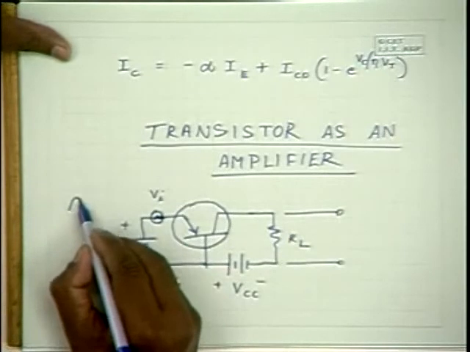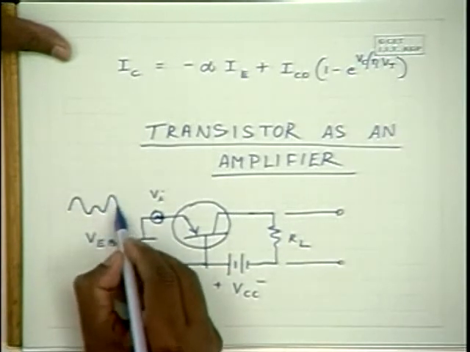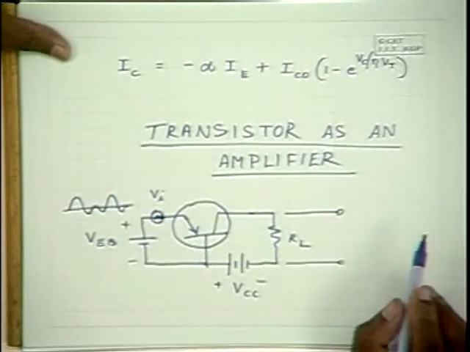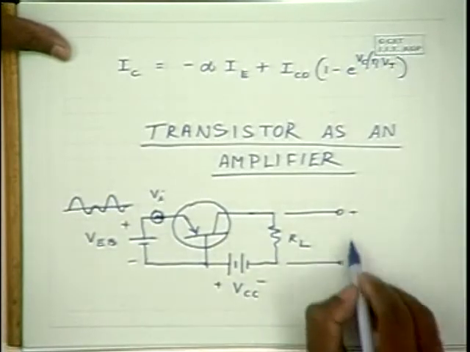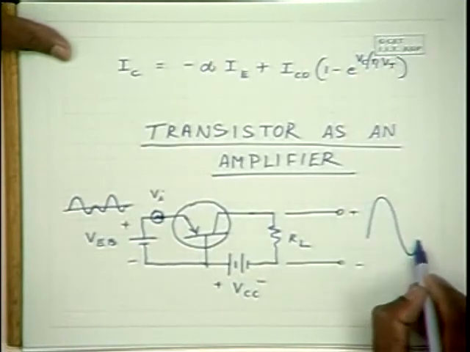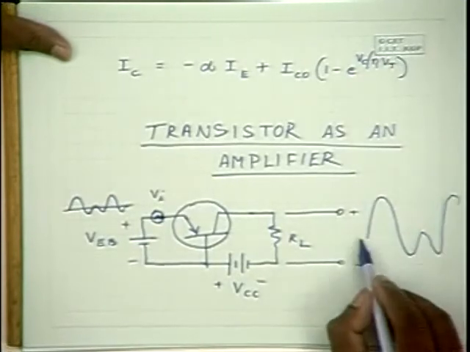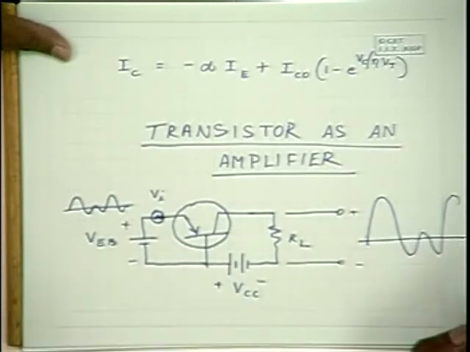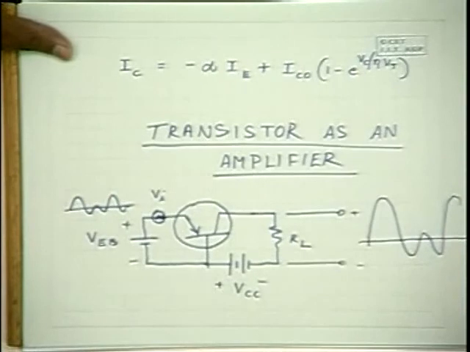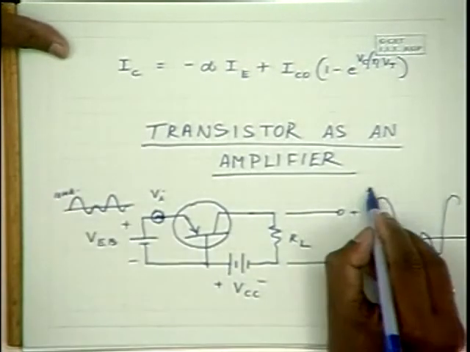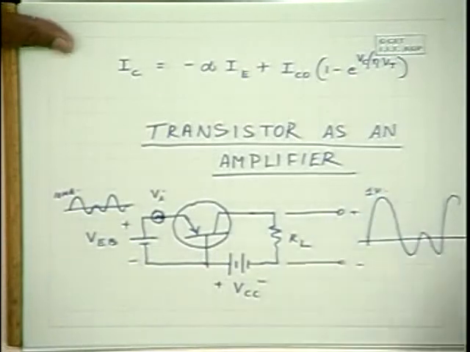If this is a small voltage, let us say an audio signal, then on this side you will find a large voltage signal with the shape retained but with the amplitude magnified. If this is say 10 millivolts, this may be 1 volt, with an amplification of 100, with a gain of 100.